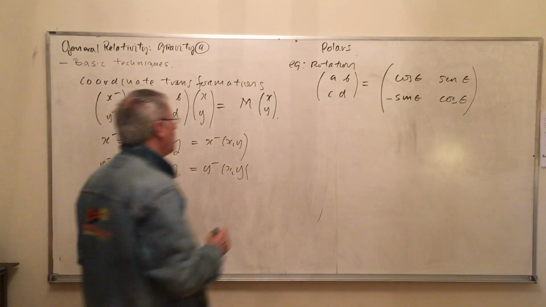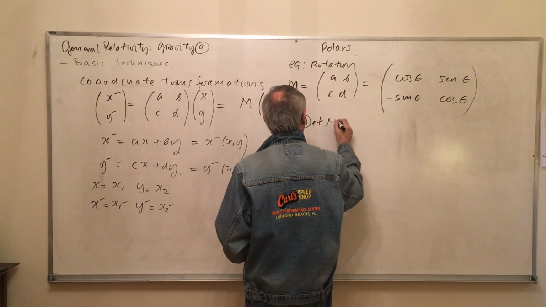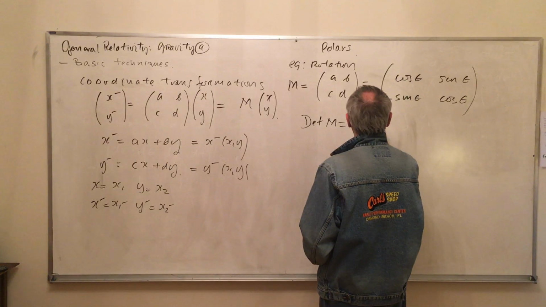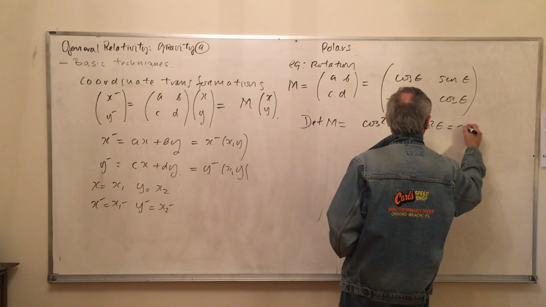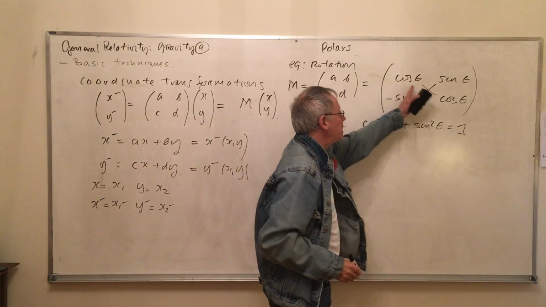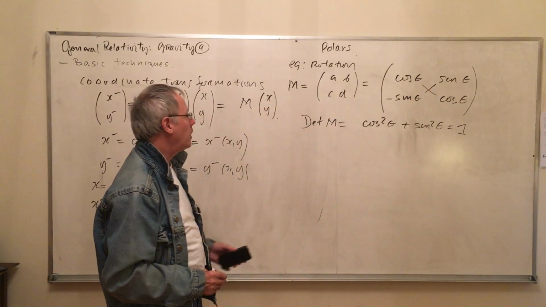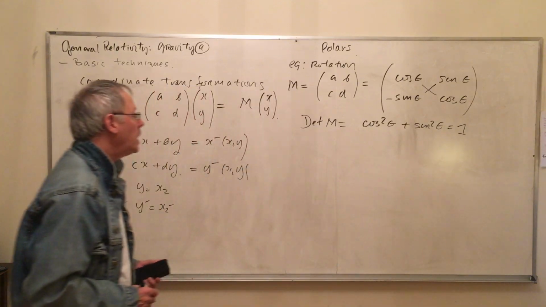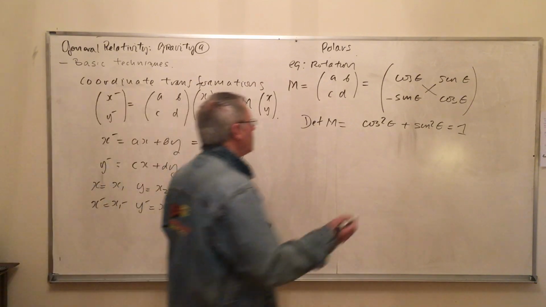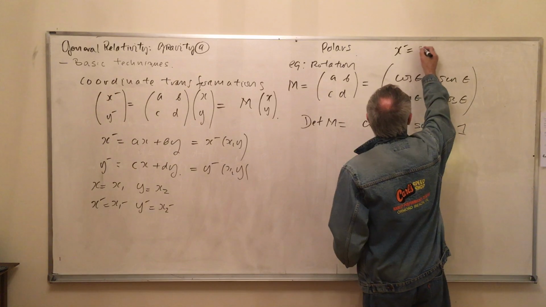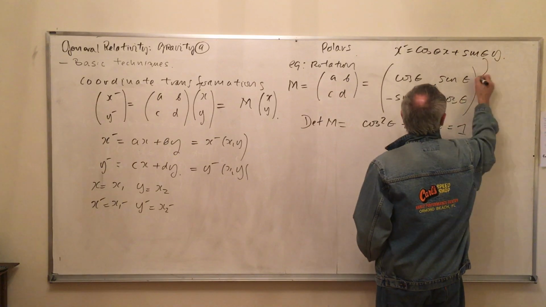Now in that case here, the determinant of M is cos times cos minus sine times minus sine, which is cos squared plus sine squared theta equals 1. So, for a rotation, the determinant of M, this transformation, is 1. Now, what this means is this. That's really what that line is saying.